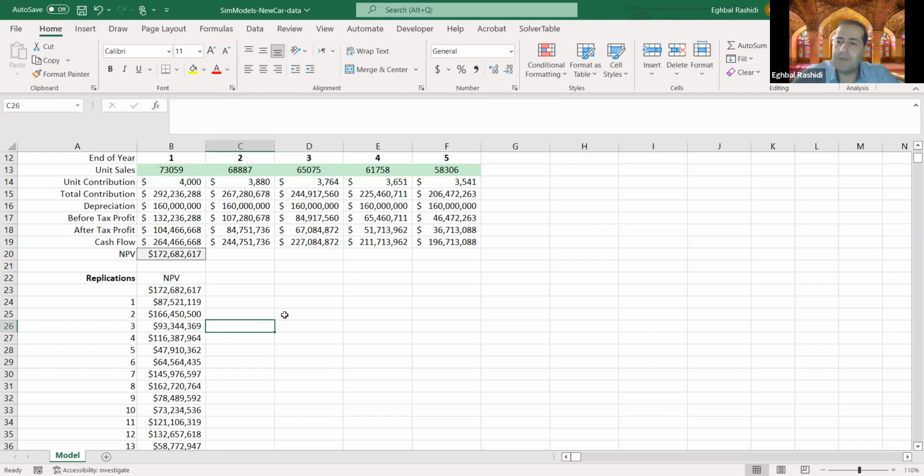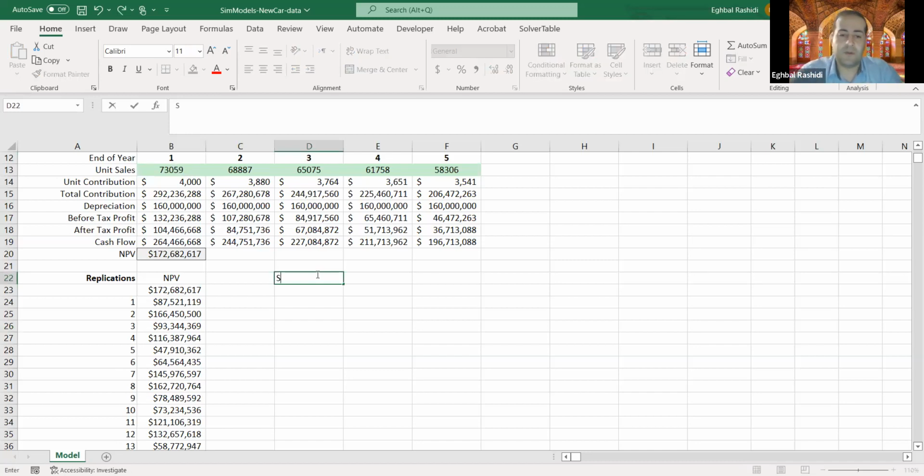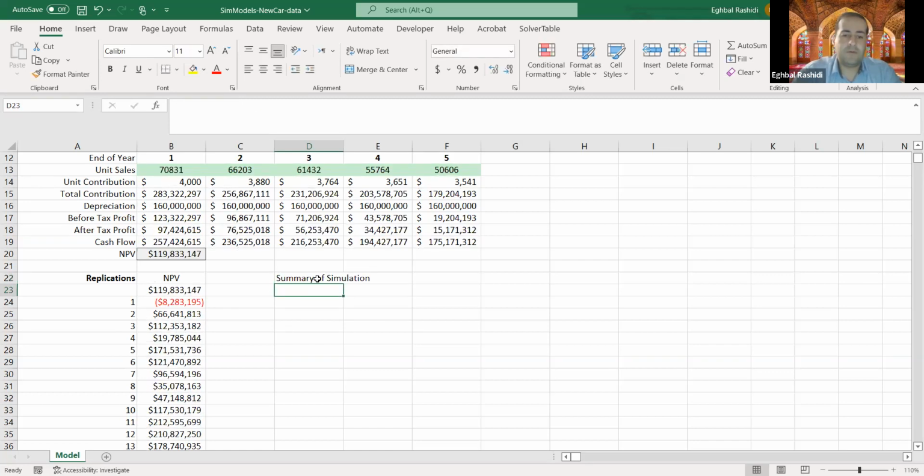And now what we need to do is print out the summary of this experiment or simulation. Summary of simulation. The red one here shows actually a negative net present value.